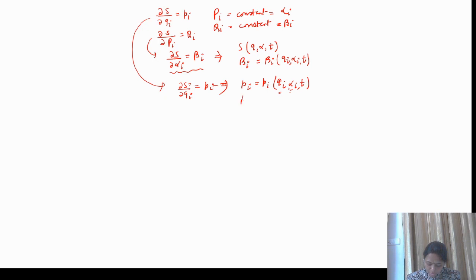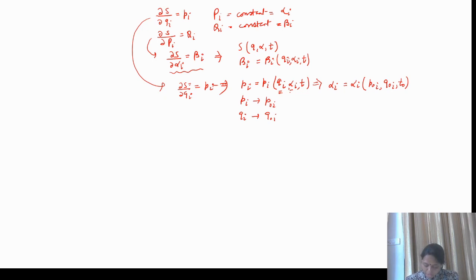Now replacing Pi's by P naught i's, Qi by Q naught i's, I may get from here alpha i in terms of P naught i, Q naught i and T naught.